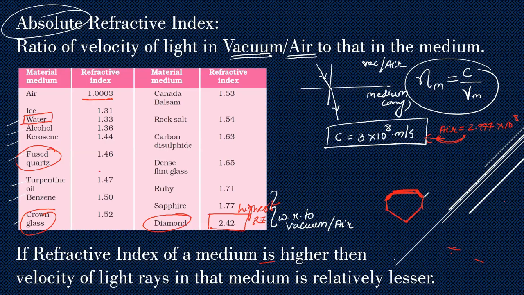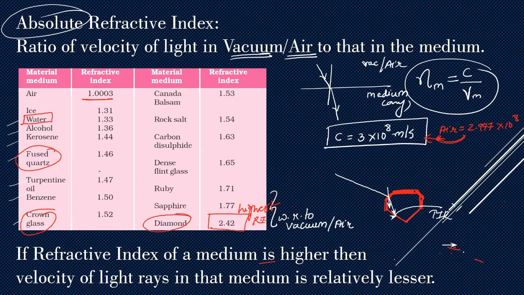For example, this is your diamond. If a ray of light passes into the diamond, this can be your normal, and this ray of light will bend so much that it won't be able to go outside, and it will get totally internally reflected.